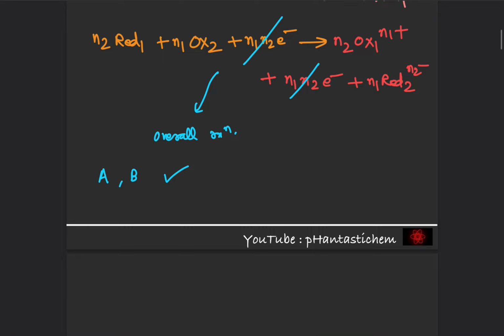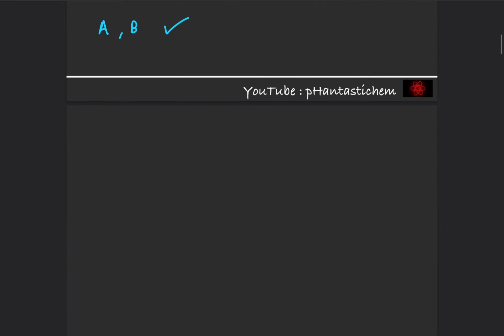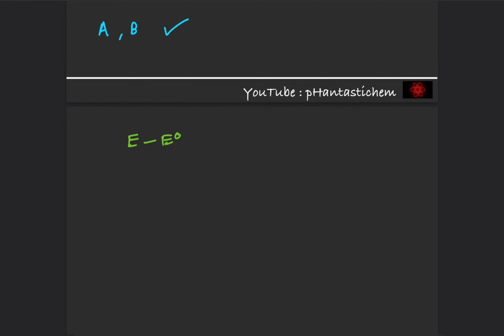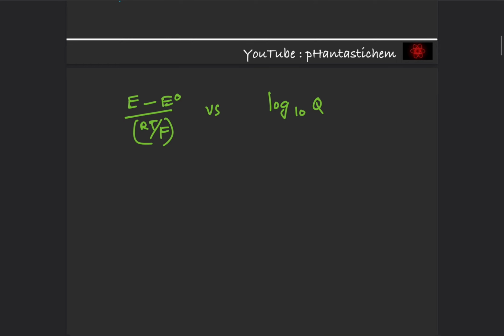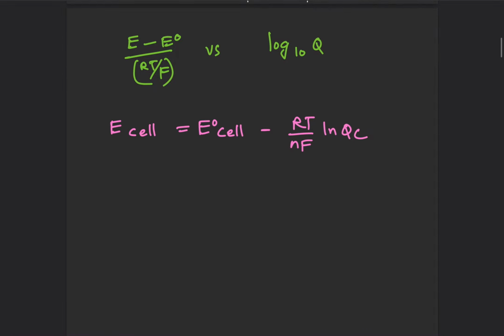Coming to statement C, where we see a graph between (E minus E naught) by RT by F versus log 10 Q, where Q is the reaction quotient. According to the Nernst equation, E cell is equal to E naught cell minus RT by nF into ln Q. And we know that ln x is equal to 2.303 log x base 10.